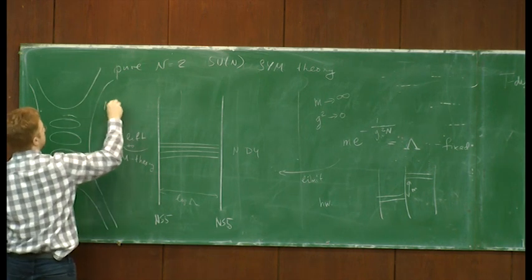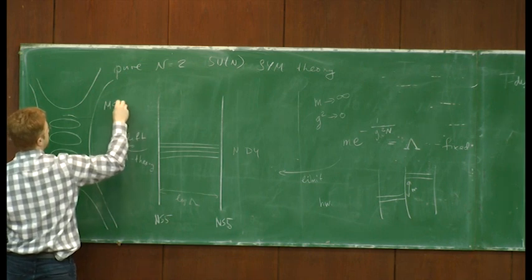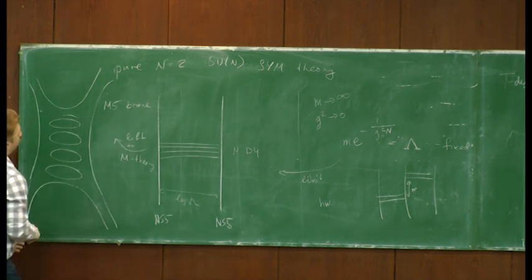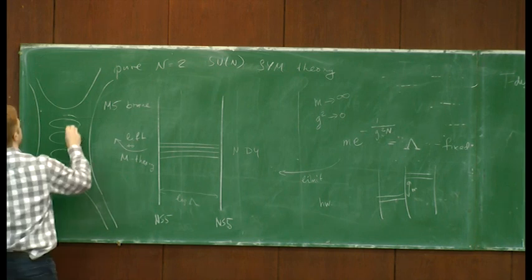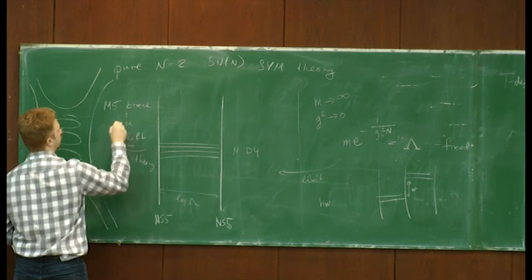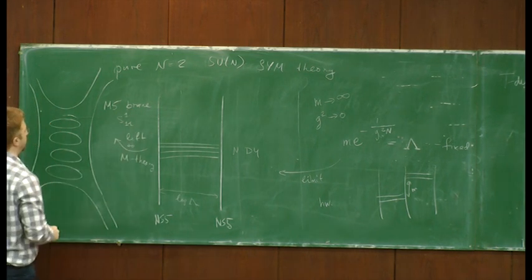So you get a single M5 brane, whose geometry is such that there is a circle which you add when you go from M theory to string theory. We call it S^1.